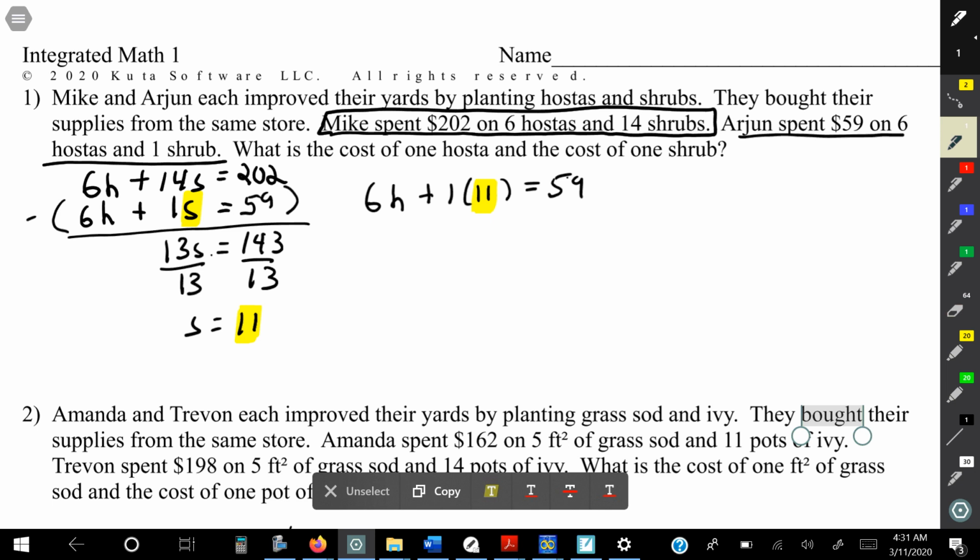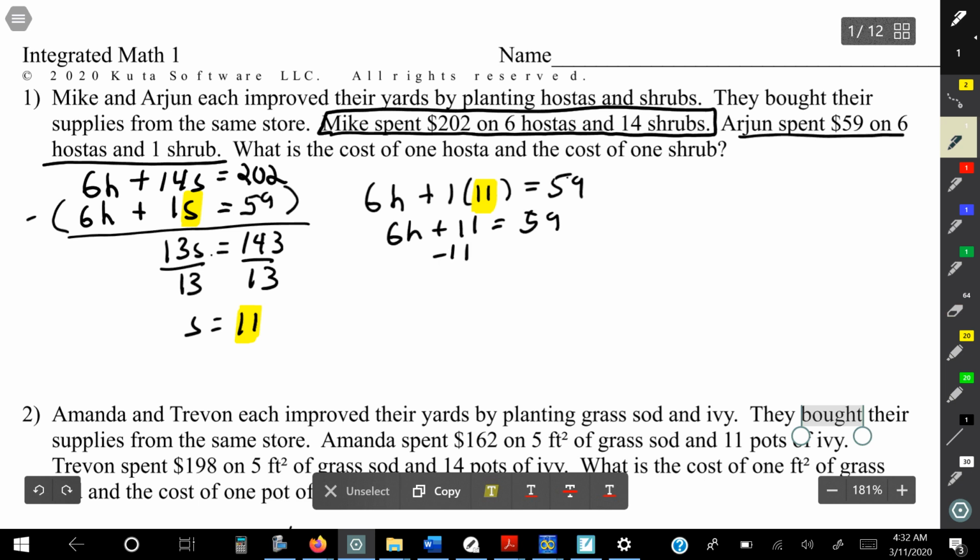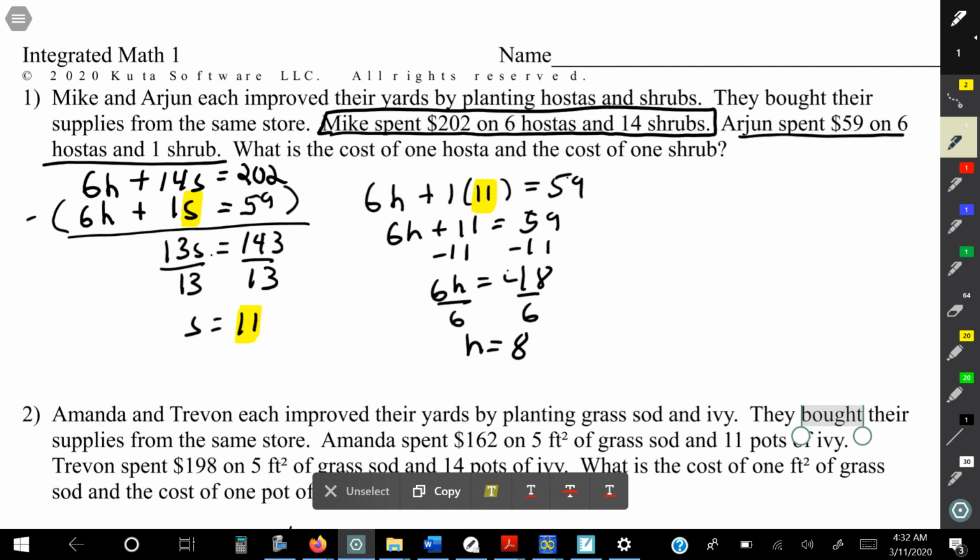You got 6H plus 11 is equal to 59. Subtract 11 on both sides. 6H is equal to 48. Now divide by 6, and H is equal to 8. So we've got $11 for the shrub and $8 for the hosta.